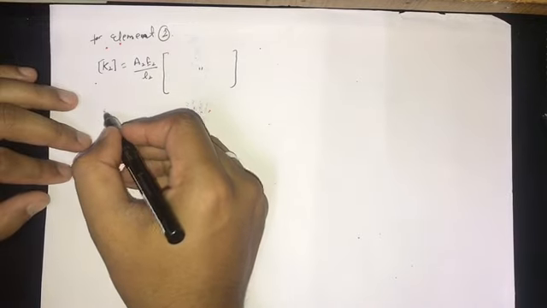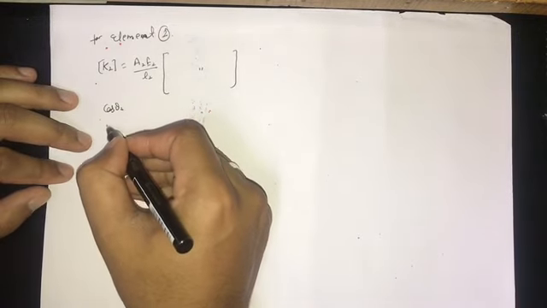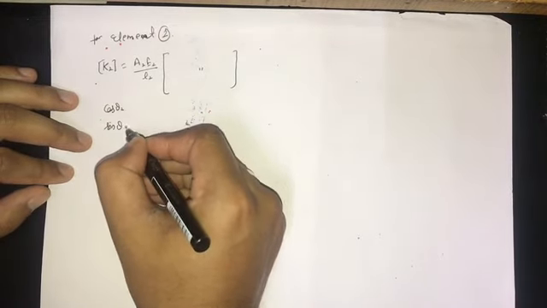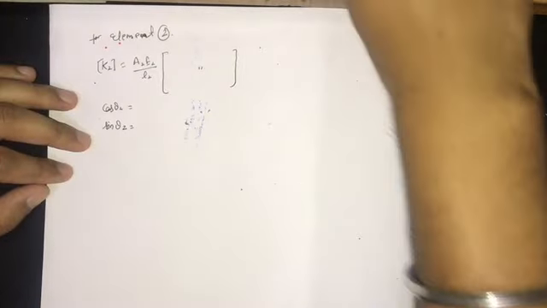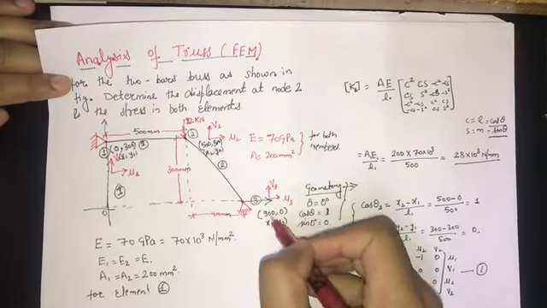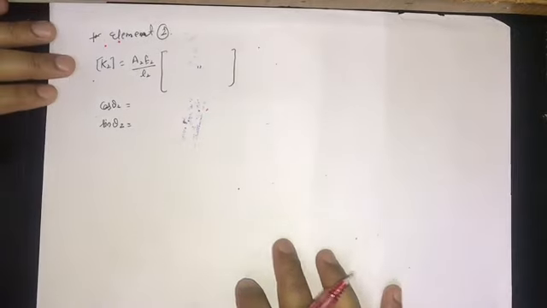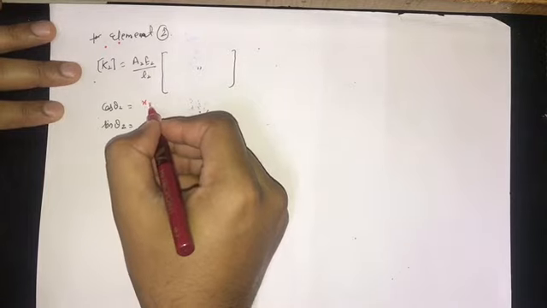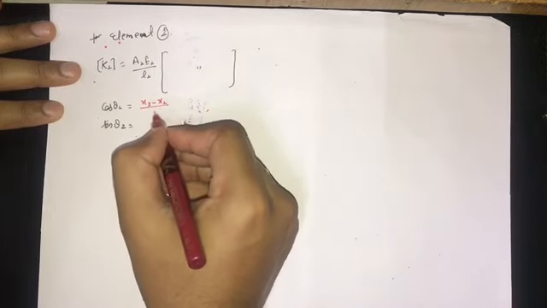So we again calculate cos theta 2 and sin theta 2. After this we substitute the value in the matrix. Cos theta 2 is x3 minus x2 upon length, by connectivity, divided by L2.